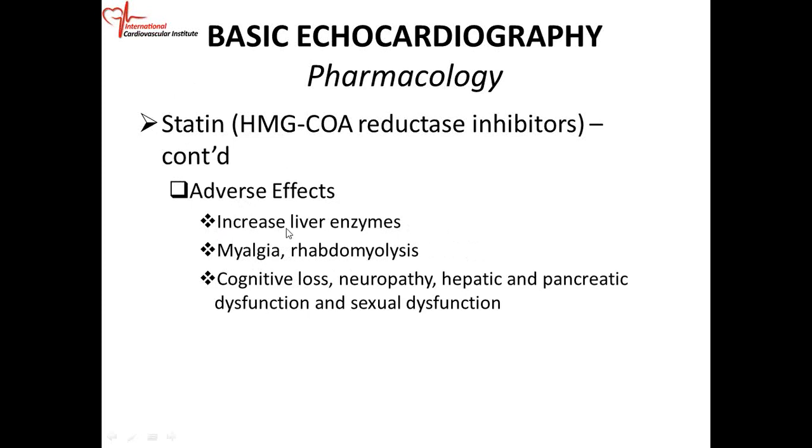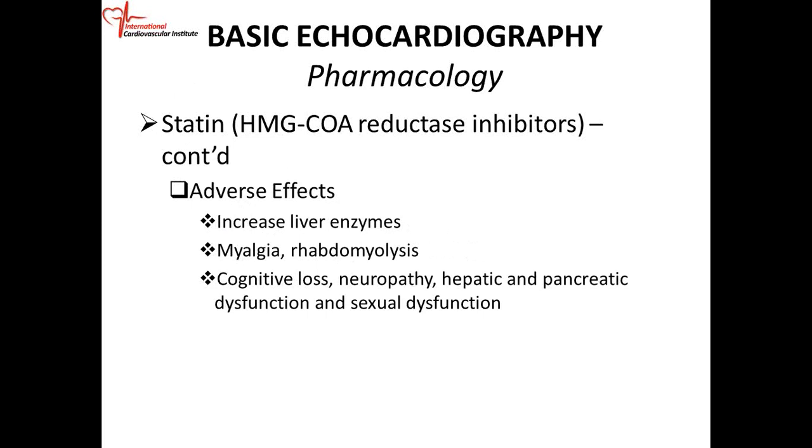Commonly, these medicines cause myalgia, that is muscle cramp and pain. A lot of patients will stop taking the medicine because of muscle aches. It can also cause rhabdomyolysis, where the muscle cells actually break down. And when you do blood tests, you'll see evidence of muscle breakdown.